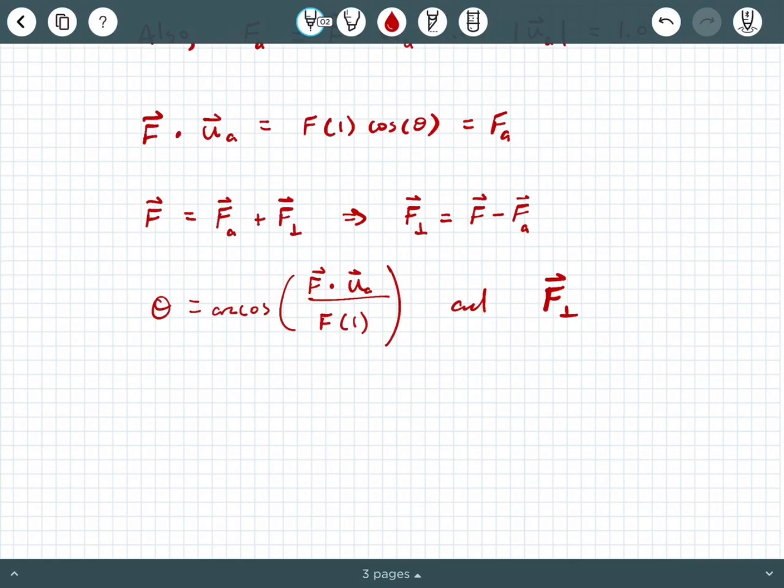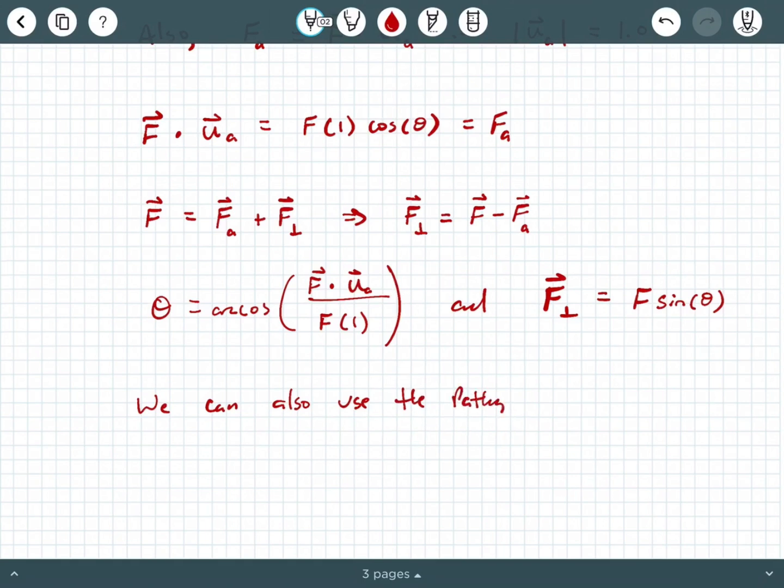There's theta, no question. And then we can say this perpendicular force component ends up equaling the magnitude of F times the sine of theta.